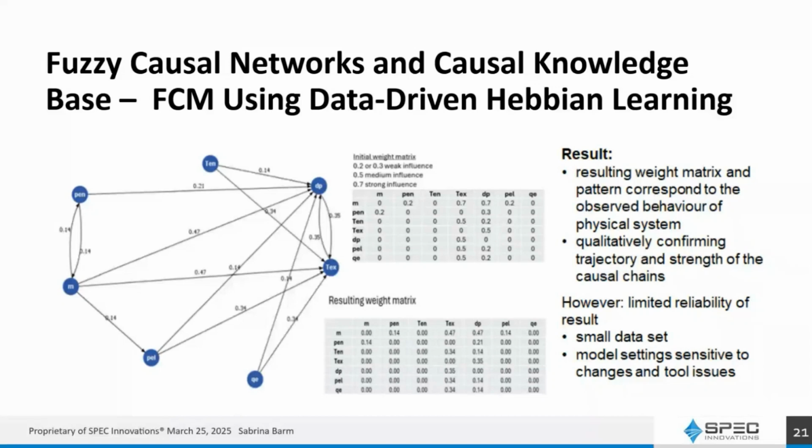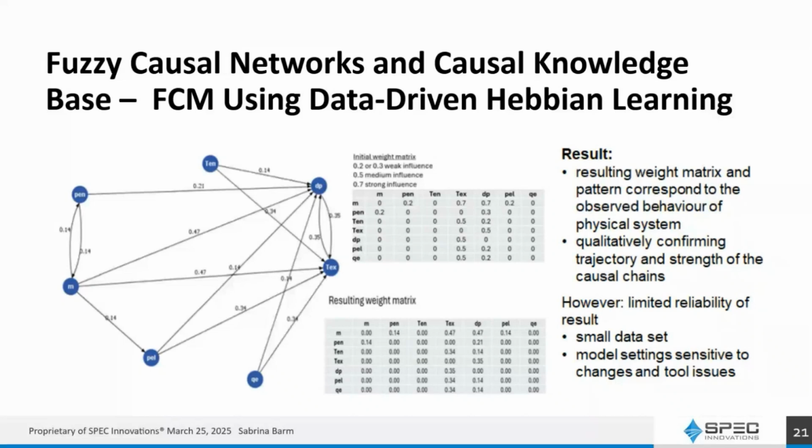We see that the trajectory of our influential relationships has not changed, and the values have changed a little, but they have all changed in the same way. And that could tell us that qualitatively our initial assumptions about the causal relationships in that system might be correct.